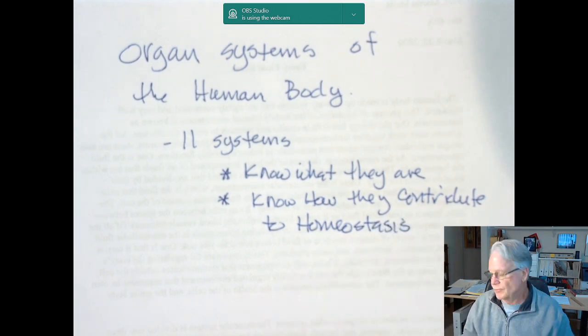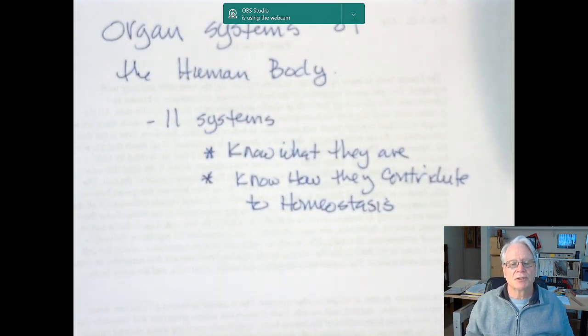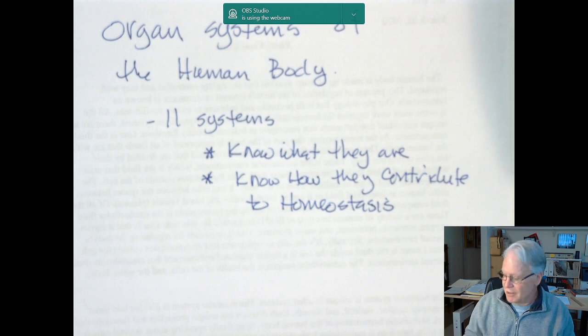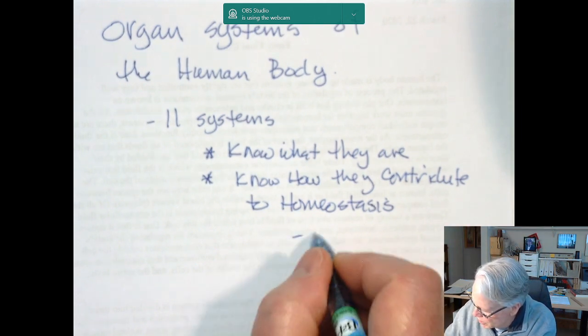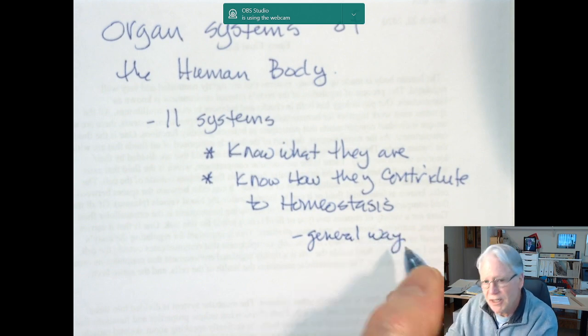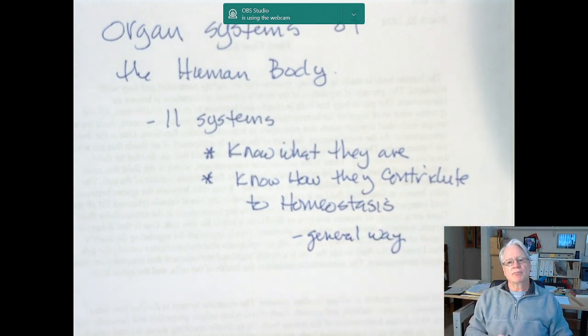Okay. So just know what each of the 11 systems are, what their titles are, and then know, not in detail, but in a general way, how they contribute to homeostasis.